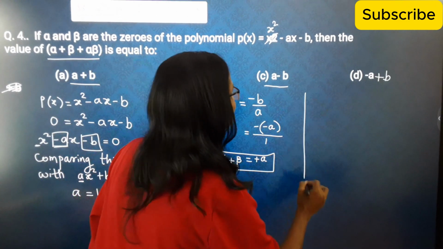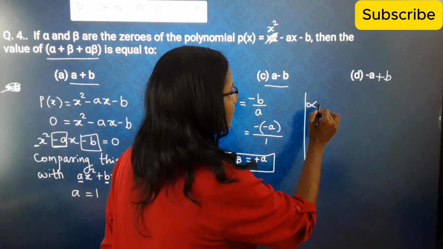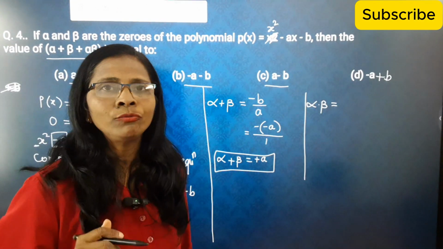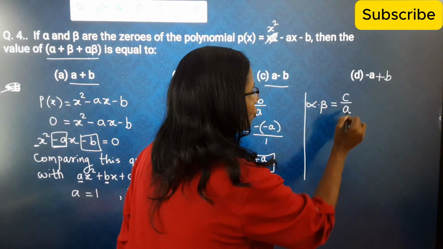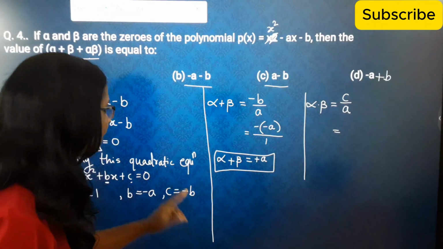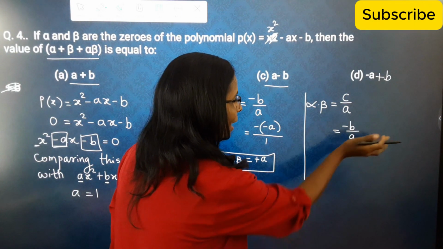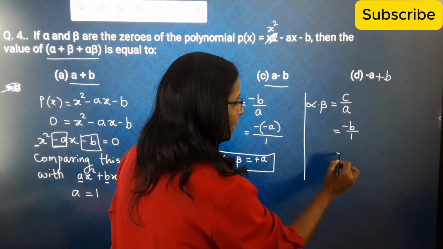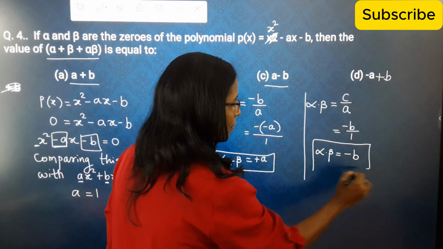Then what about alpha beta here? Alpha beta means the product of the zeros. Students, the product of the zeros, the formula is c upon a. So minus b upon 1. So alpha beta is equal to minus b.